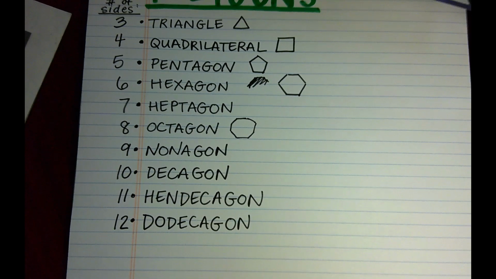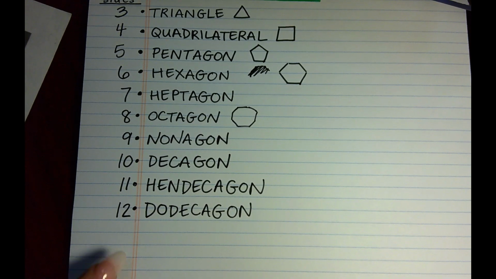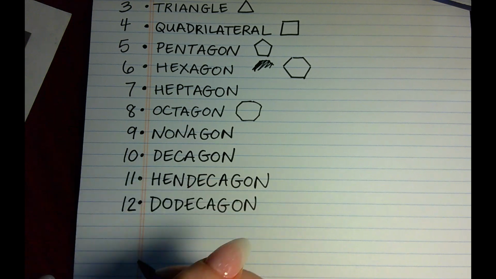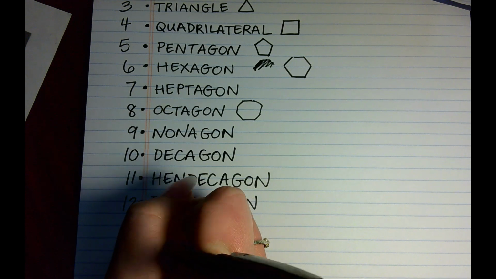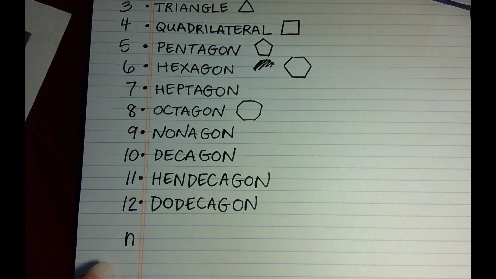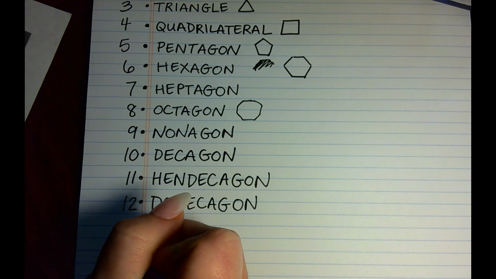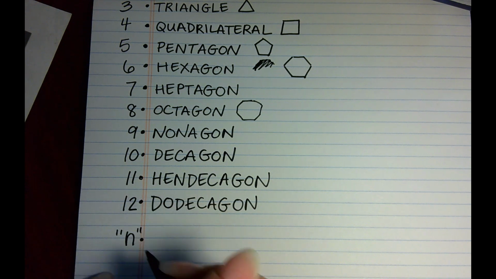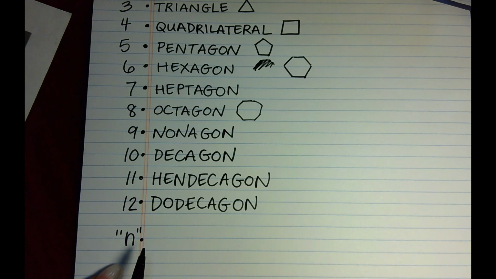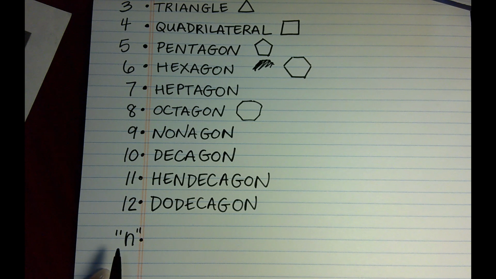Technically, you can keep going forever. Now, let's say the number of sides is N, meaning a number we don't know. For example, what if we had 1,000,000 sides? How on earth would we name it? There is a beautiful way to do this.